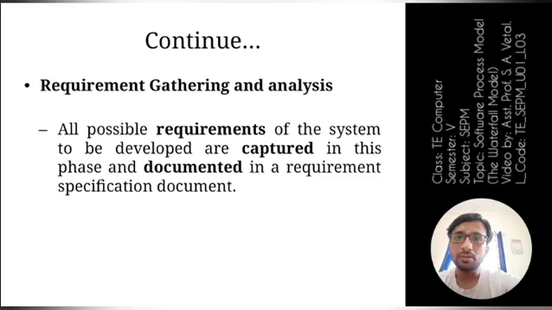We collect all the requirements that the customer wants in his software, and those requirements are documented in a requirement specification document. So this is the first phase, requirement gathering and analysis.